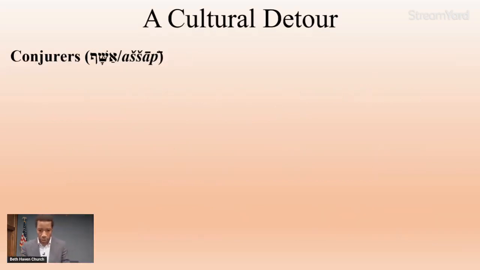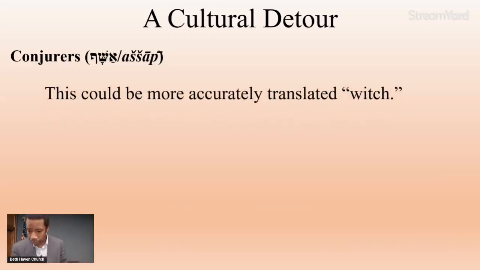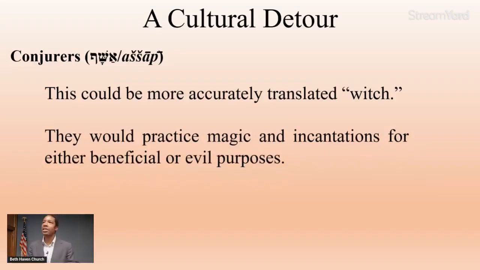How about the conjurer? Asaph is the Hebrew word here. This word conjurer could be more accurately translated as a witch. So you had the individuals who would look at entrails, and then you had other individuals who would practice incantations and spells.